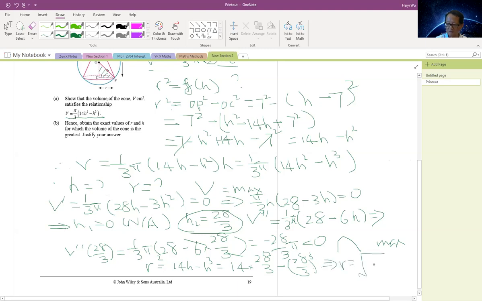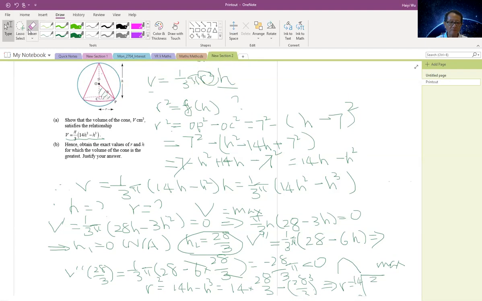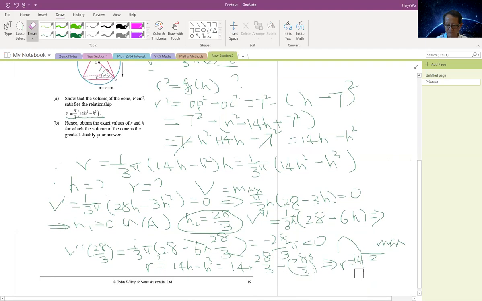So we end up with r being 14 square root 2, and don't forget there will be a 3 underneath after we simplify. So this is the r.